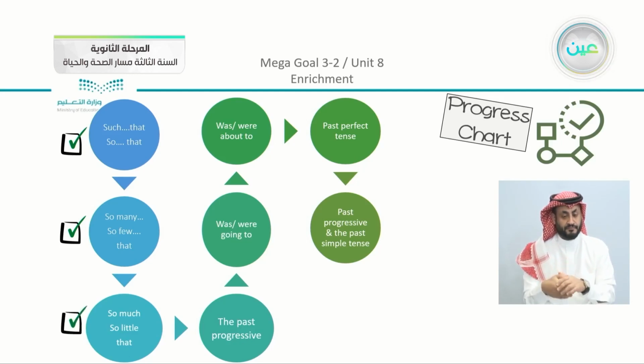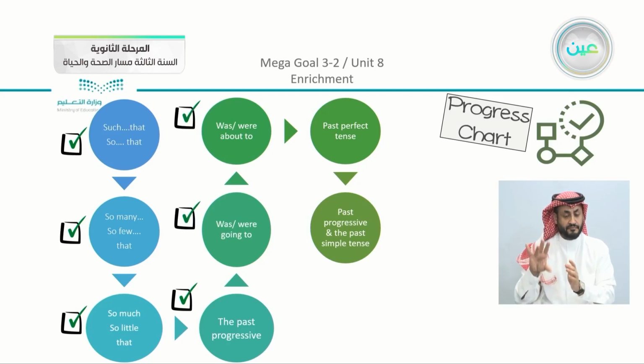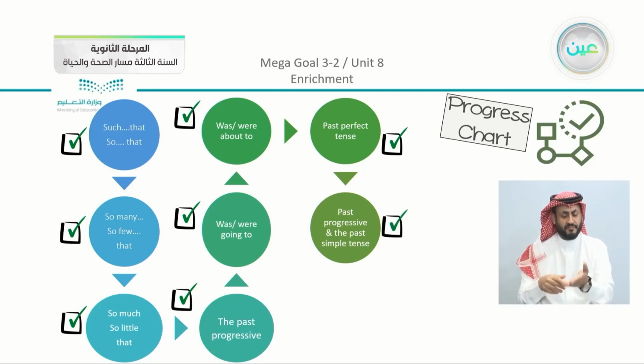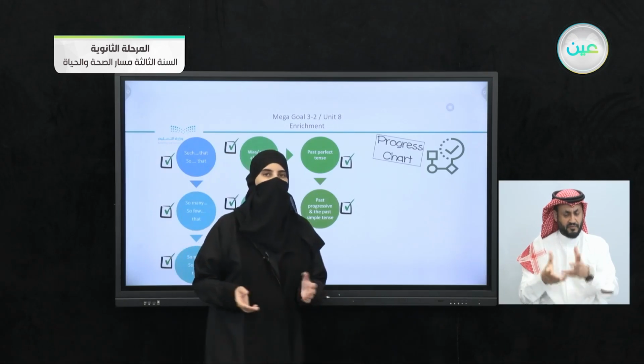Then we moved on to the form, meaning, and function lesson, where we revised the past progressive. We also passed by was or were going to, was and were about to. Moving on to the past perfect tense, and at the very end we revised the past progressive plus the past simple tense. We have completed, alhamdulillah, our enrichment.